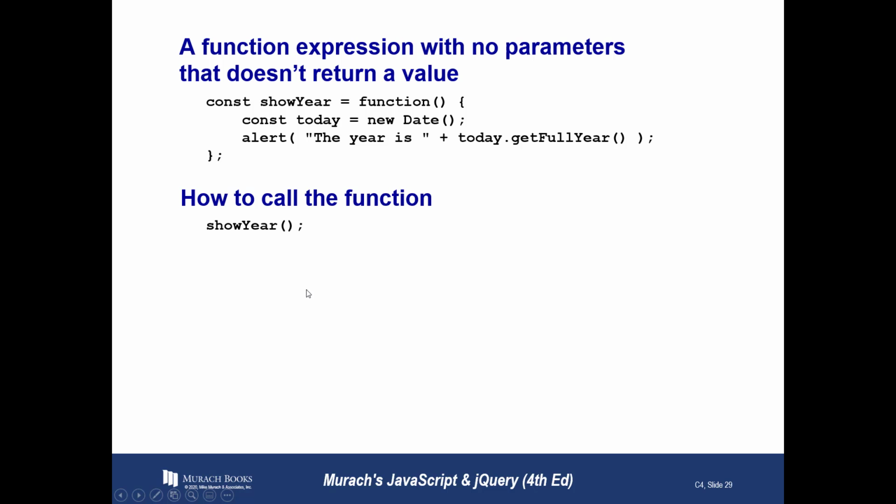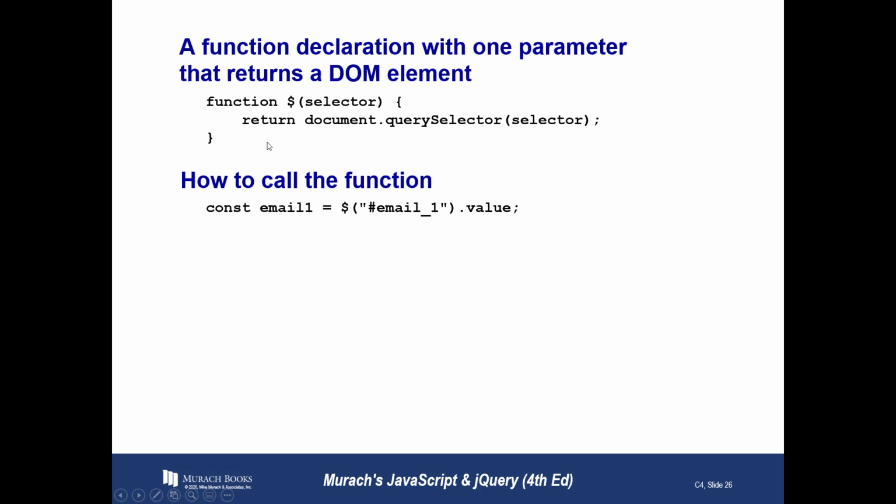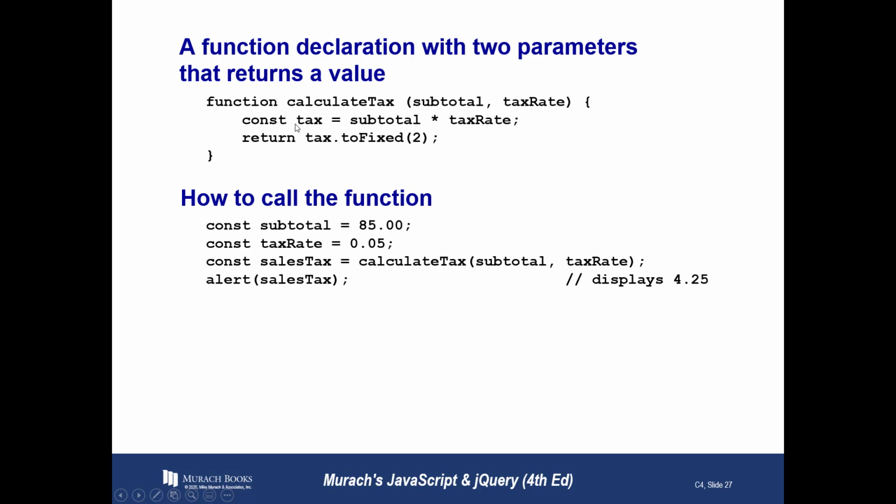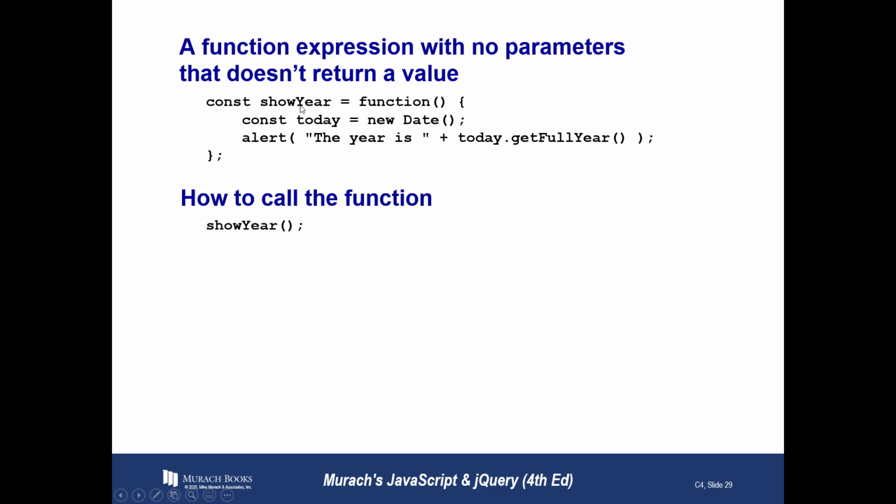Now it runs the same way that what you saw before. When we did it before, the name of the function is showYear. And when we're doing it here, the name of the variable is showYear. But it works the same way.